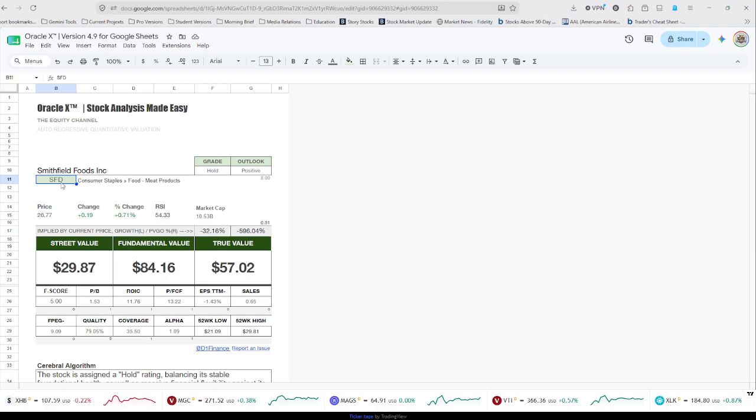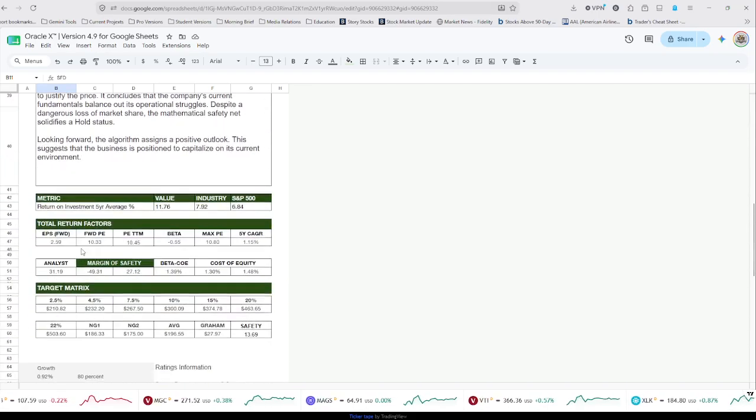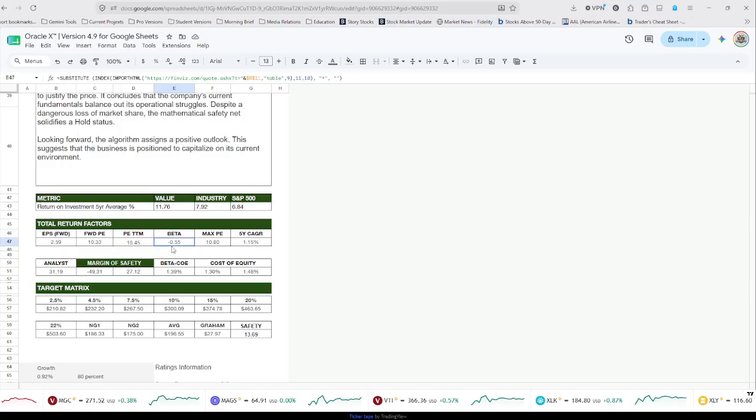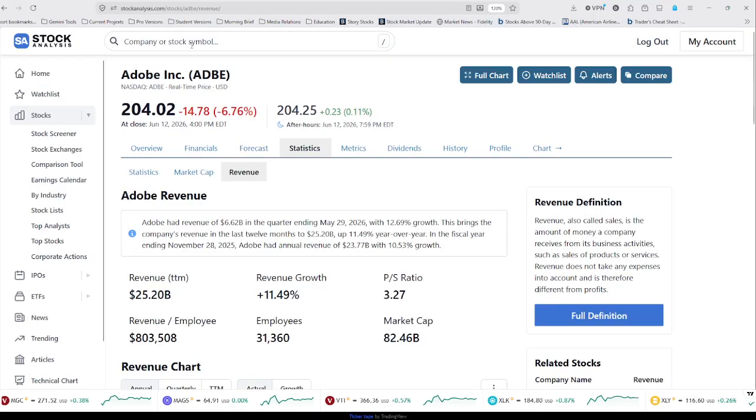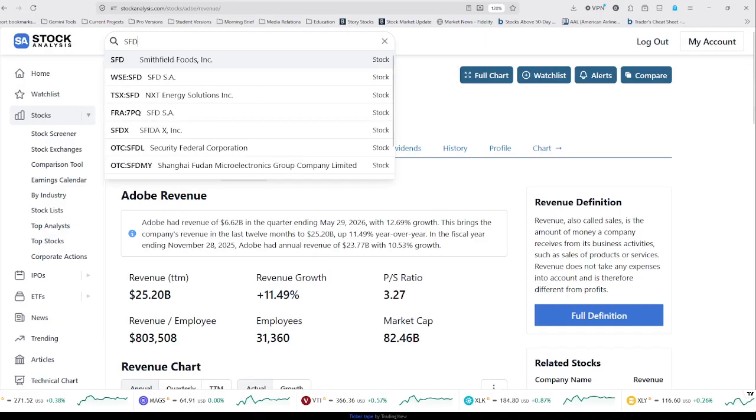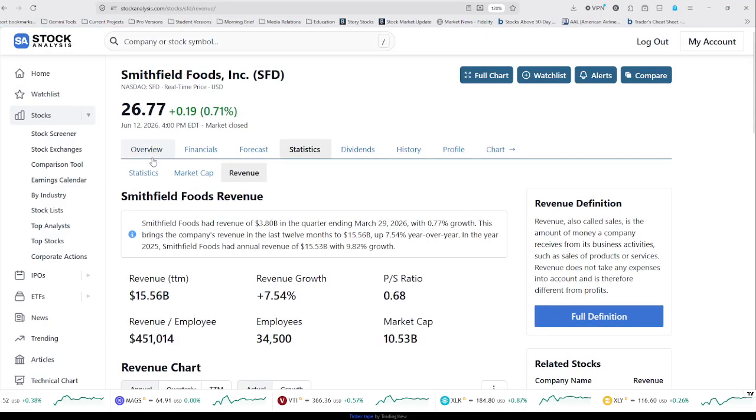In order to calculate the valuations here, one of the first things I need is the company's beta. Look at this right here. This company may have a negative beta. Let's double check on this.